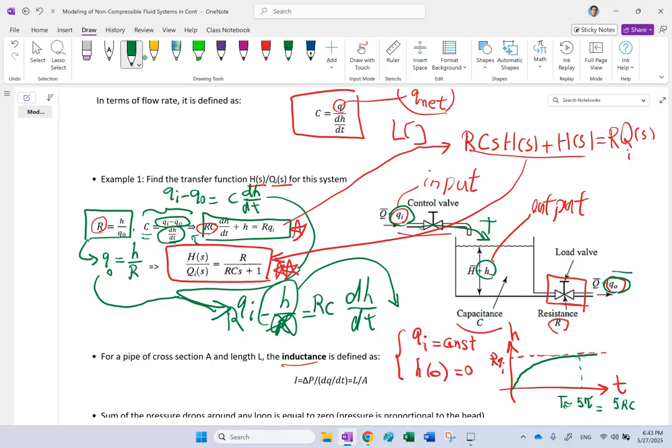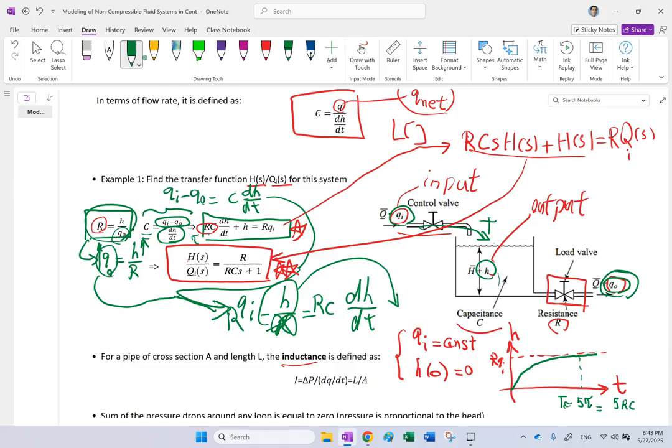You might say, why not? I'm filling it in. Why doesn't it go up? Because on the other side, the bigger the H becomes, the bigger the output flow rate QO is. And your net flow rate is Qi minus Qo.